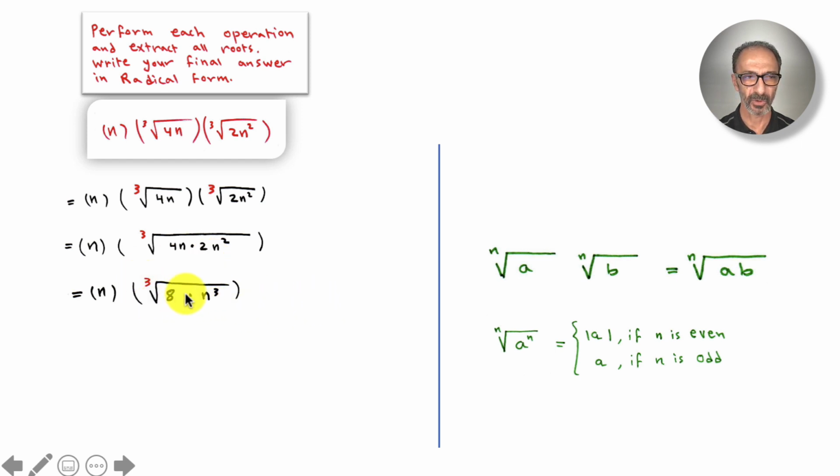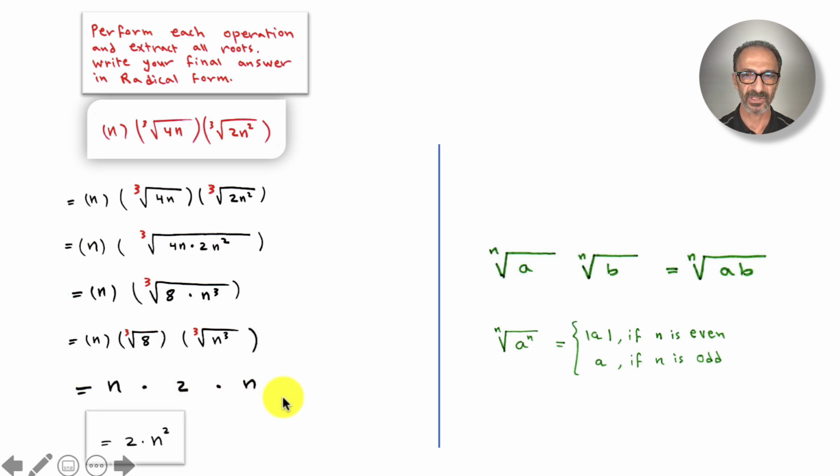Now, dealing with the cubic root, I'm going to split them back again because this works nicely under the cubic root, and this also works under the cubic root, which could be extracted. That will give me 2, and that will give me n. Using n is odd, we'll just take it by itself, in this case n. Simplify n times 2 times n, 2n to the second, and we're done.